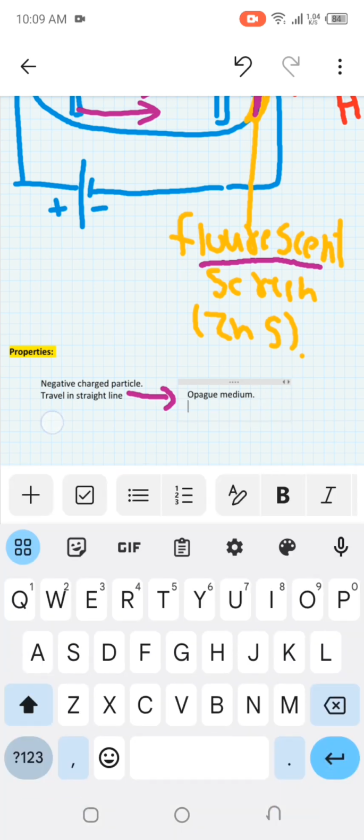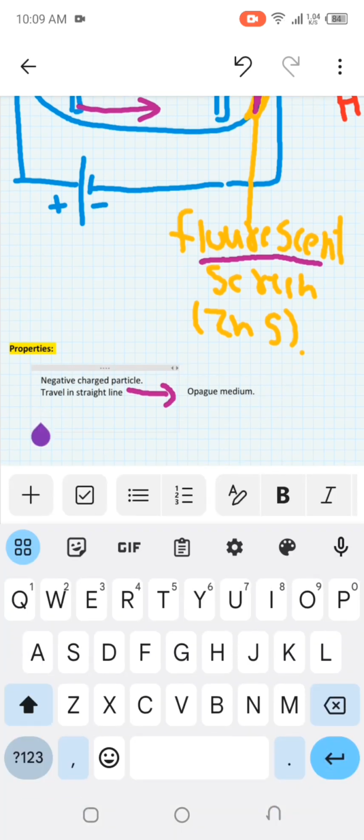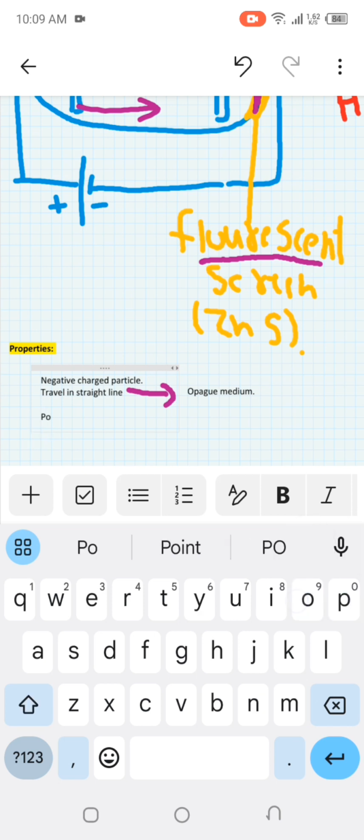The third point was that these electrons possess kinetic energy.